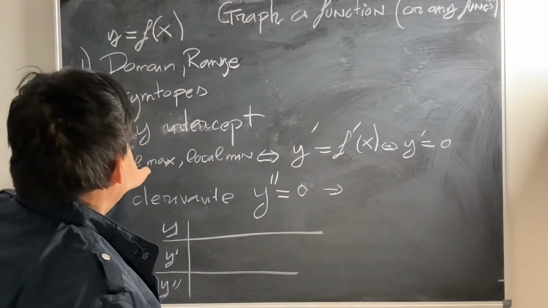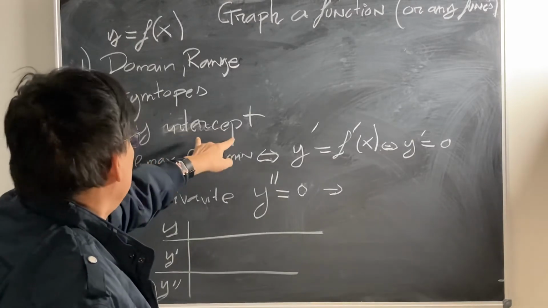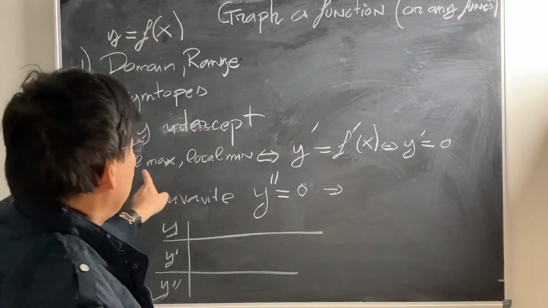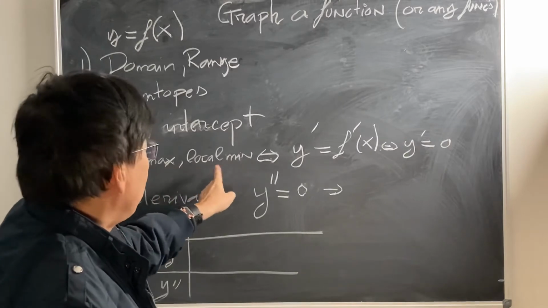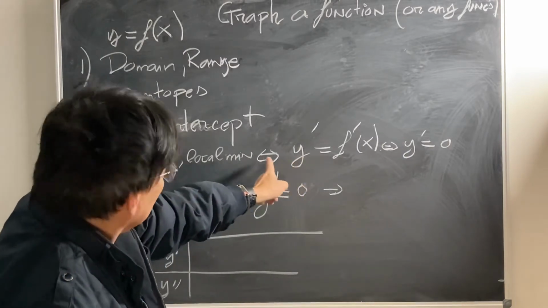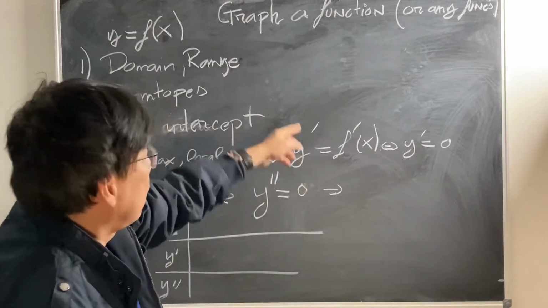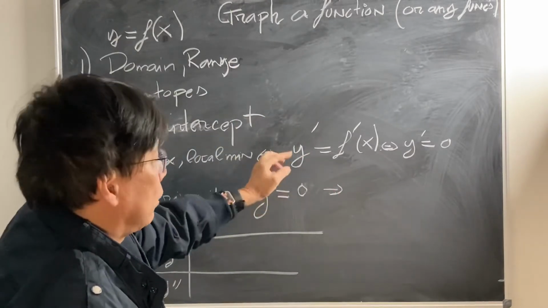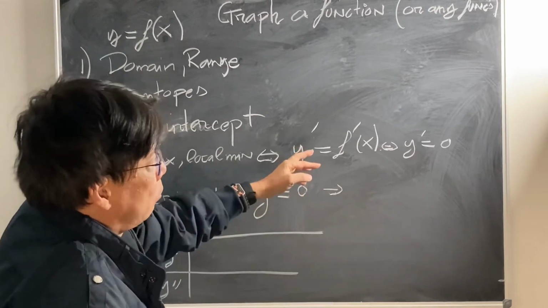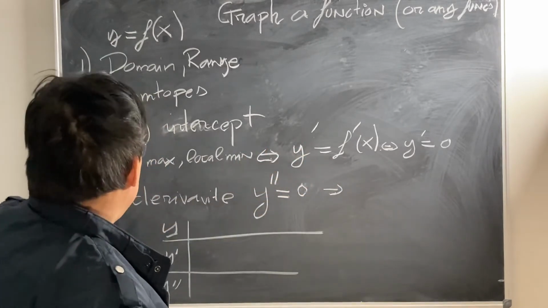The third one, you find x, y intercept. And the fourth one, you have to find local max and local min of that function. That means you take the derivative y prime of that function, set it equal 0 and solve for x. Then you will find local max and local min.